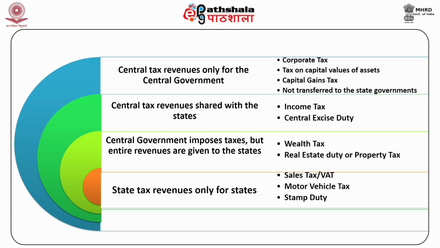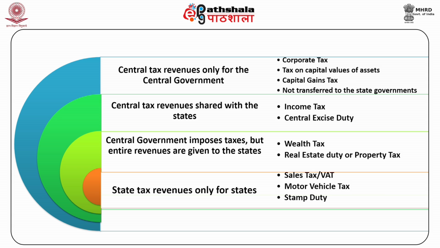Central tax revenues shared with the states: the central government levies taxes, but a part of the revenue is shared with the states, for example, income tax and central excise duty.